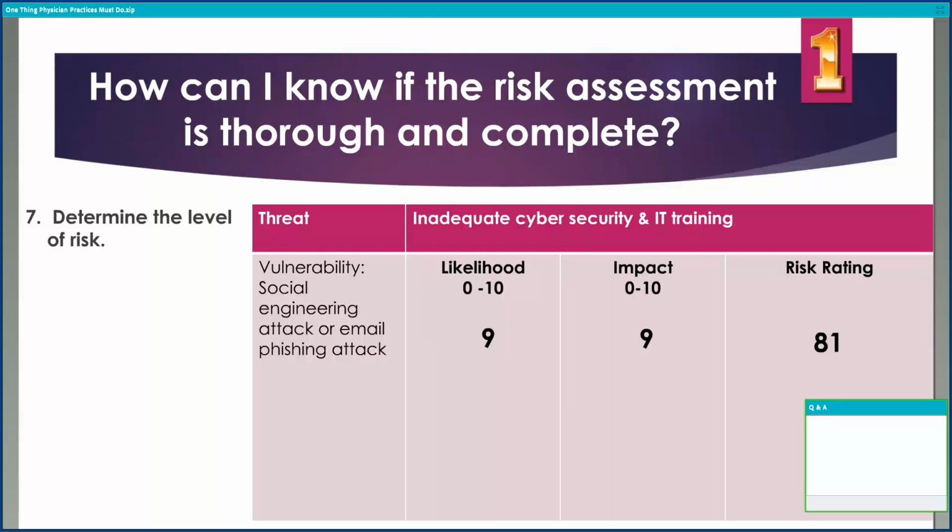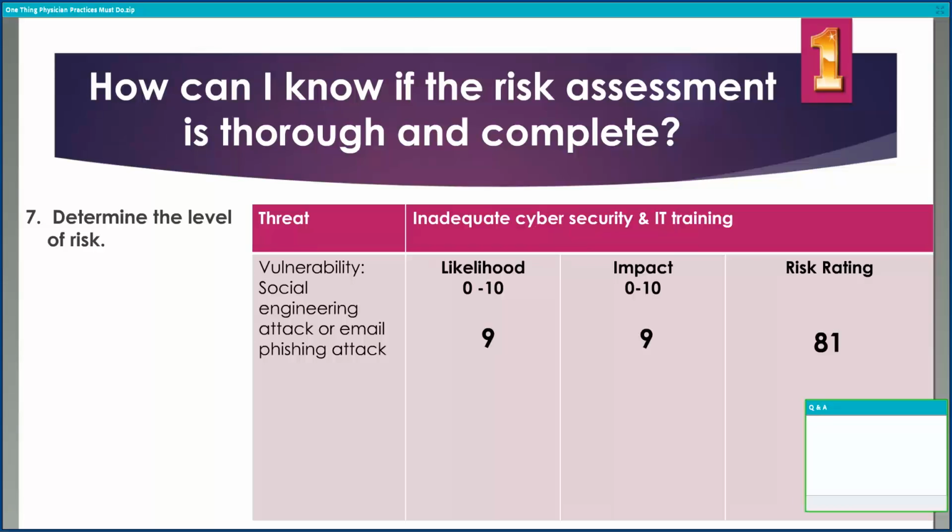The 7th step is to determine the level of risk. Risk is a function of simply determining the likelihood of a given threat being triggered or exploited and the resulting impact. The risk ranking is determined by using the findings of likelihood and impact and multiplying them together.